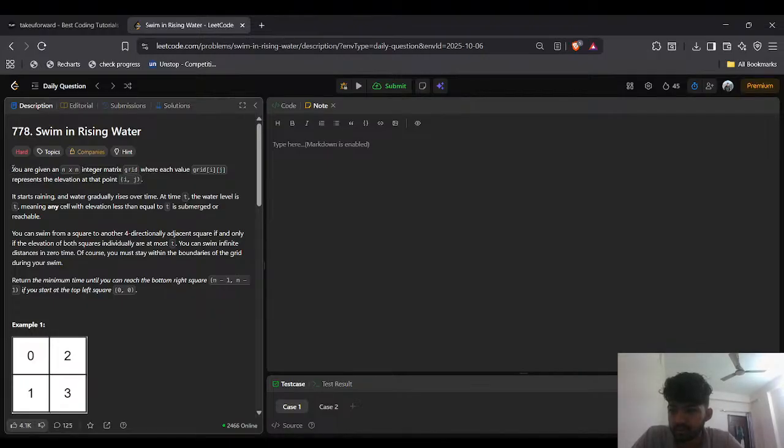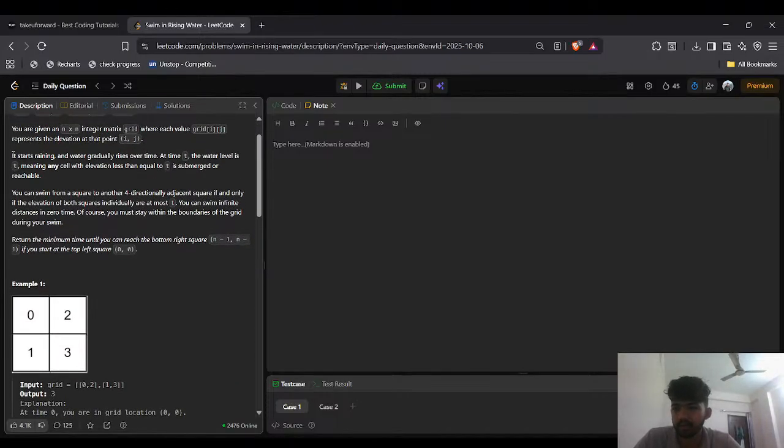Okay, so we are given an integer matrix grid where grid[i][j] represents the elevation. It starts raining and water gradually rises over time. At time t, the water level is t, meaning any cell with elevation less than or equal to t is submerged or reachable.